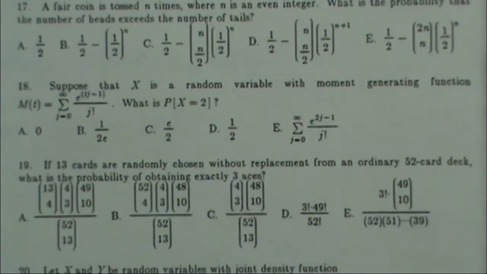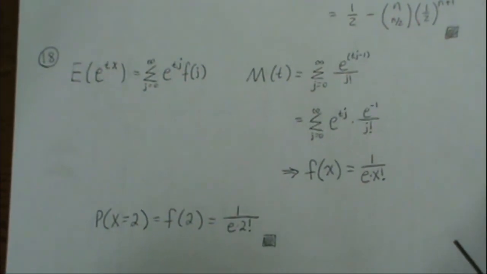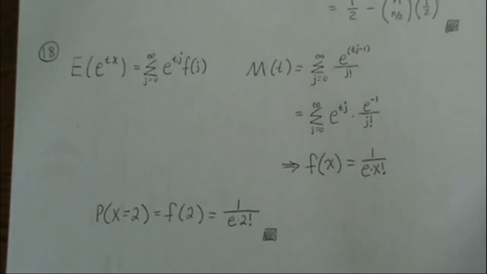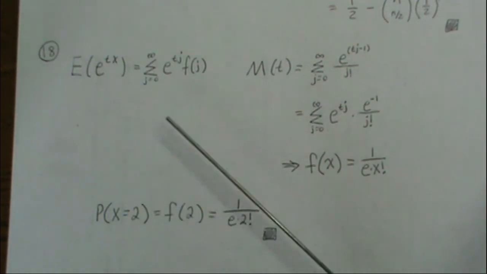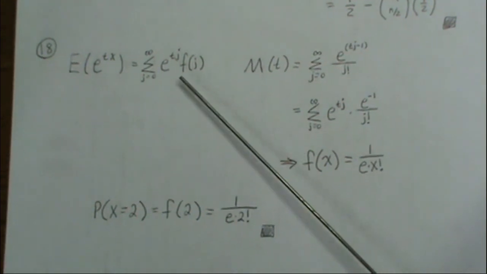Number 18, suppose that X is a random variable with moment generating function equal to this equation. What is the probability X equals 2? We're given this moment generating function here.